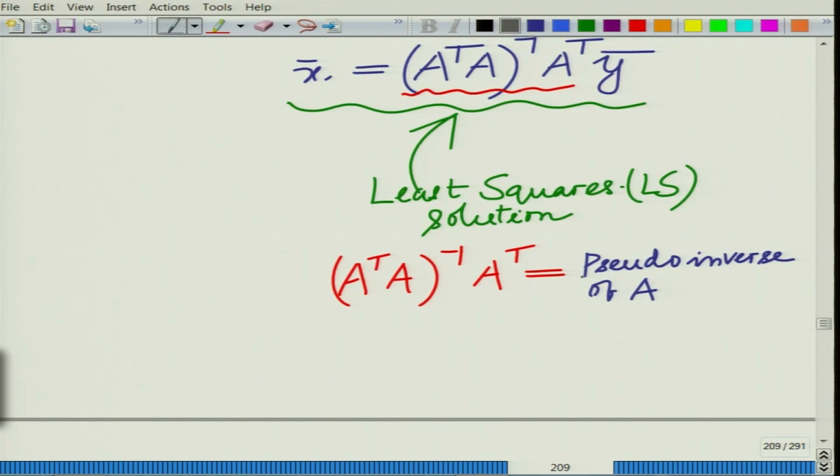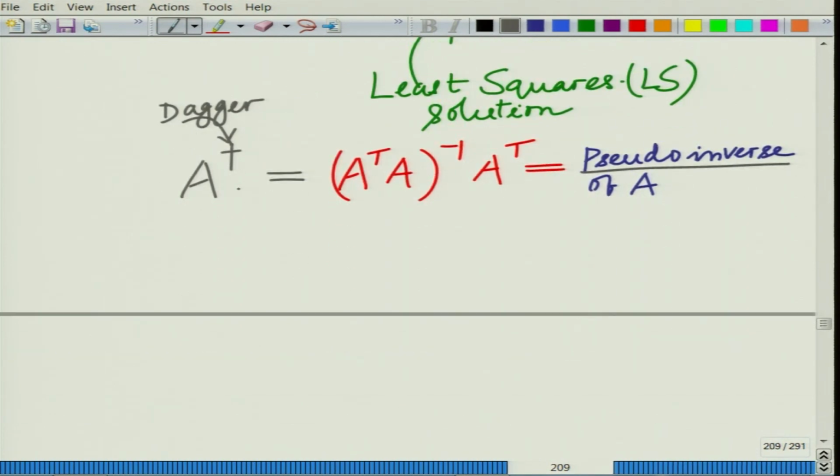This is the pseudo-inverse of A, this A transpose A inverse A transpose, and this is often denoted by A dagger. Now, this is termed a pseudo inverse because it has a very interesting property.